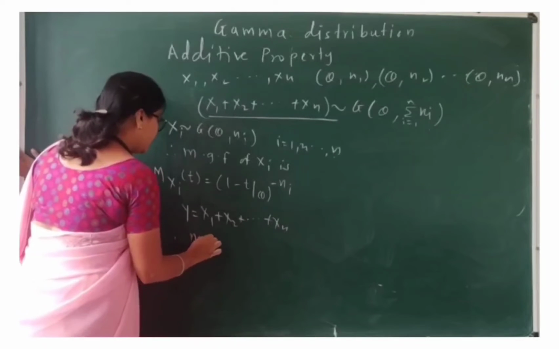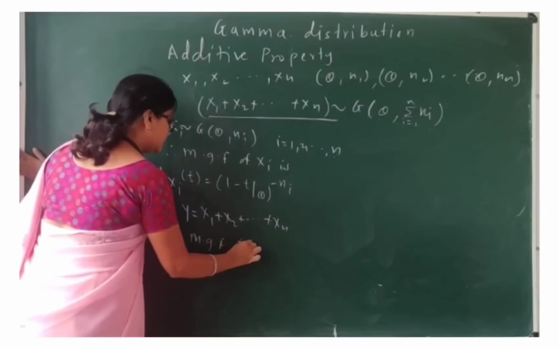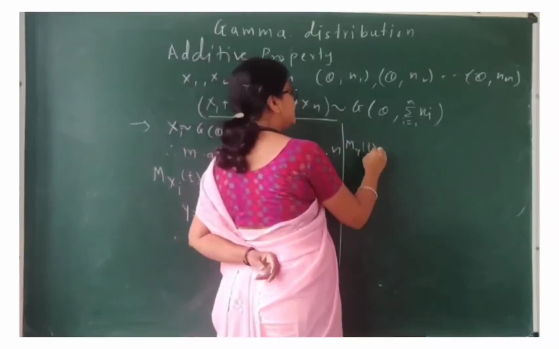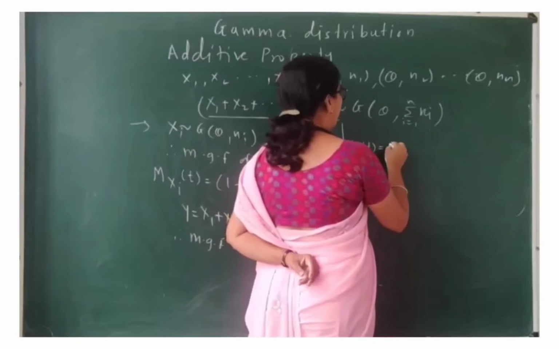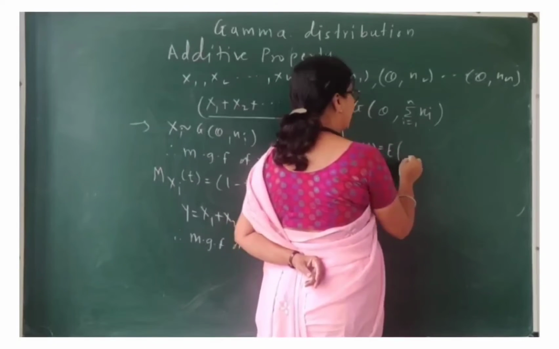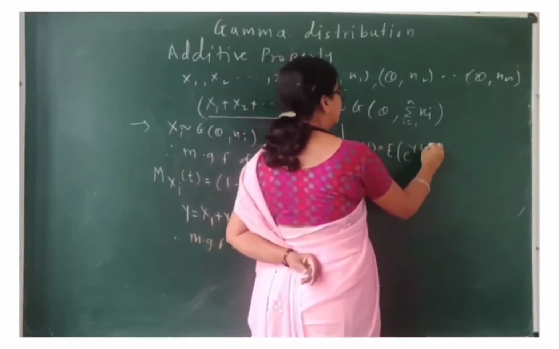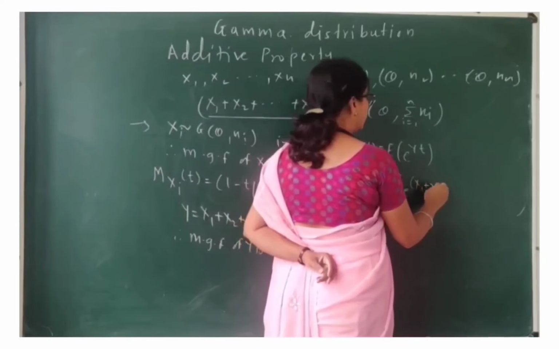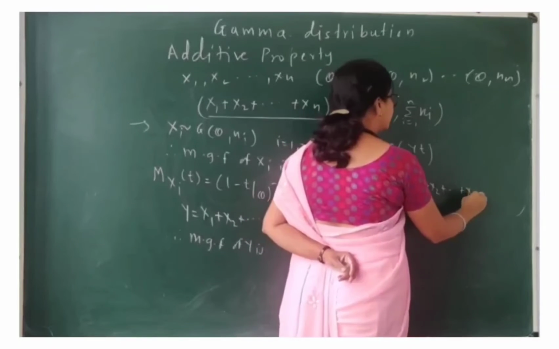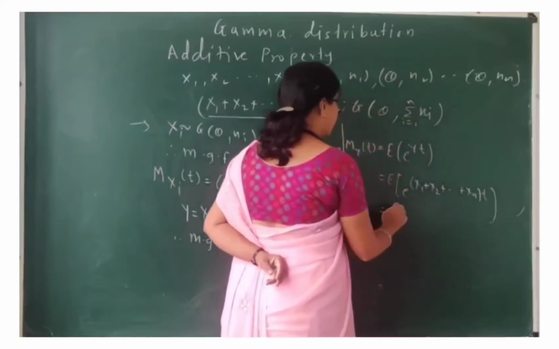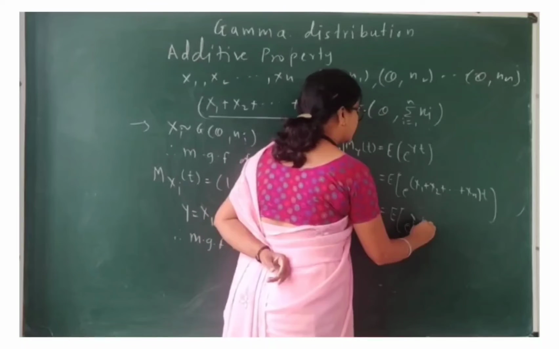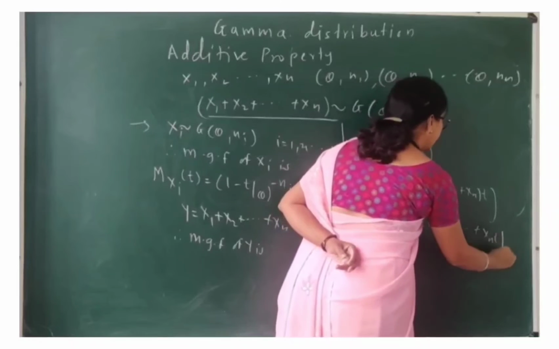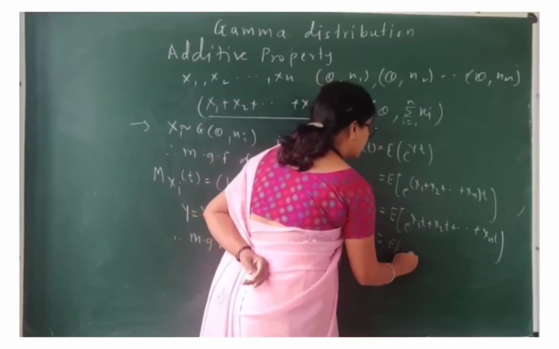Therefore the MGF of y, M_y(t), is equal to the expectation of e raised to the power yt, which is equal to the expectation of e raised to (x1 plus x2 so on up to plus xn) t, which is the expectation of e raised to x1 t plus x2 t so on up to plus xn t.